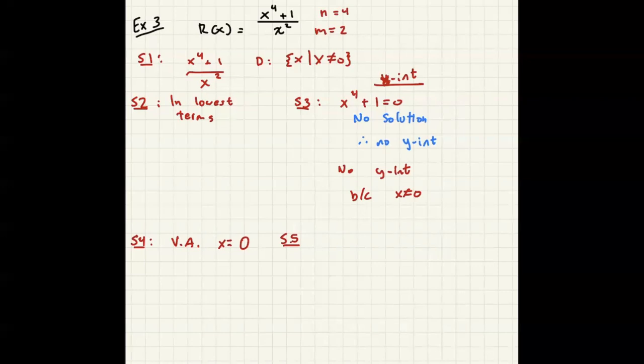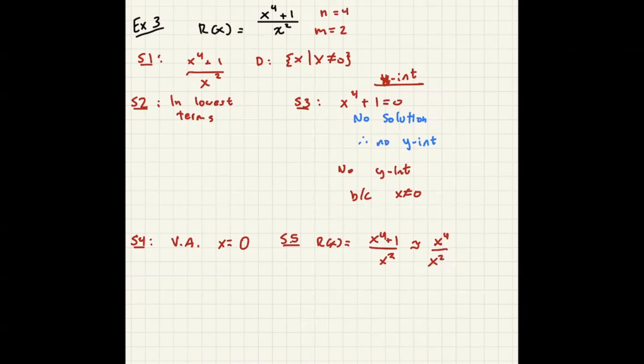But we do know that it has a different thing, right? So what we've got to do is look at this function, which is going to closely resemble the power function of the top and the bottom, right?